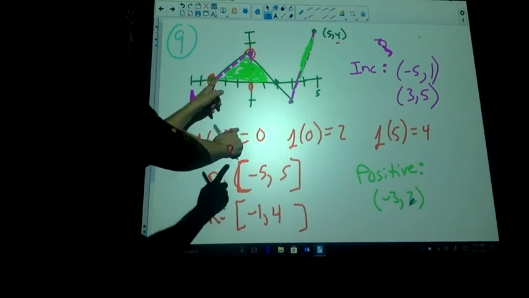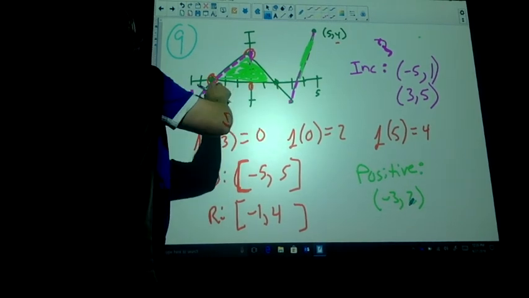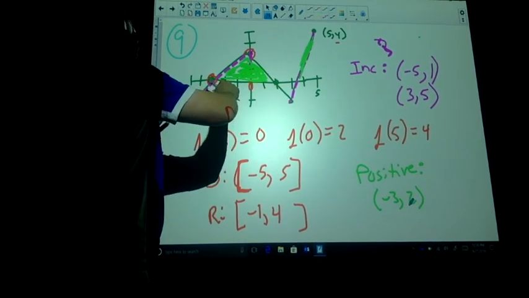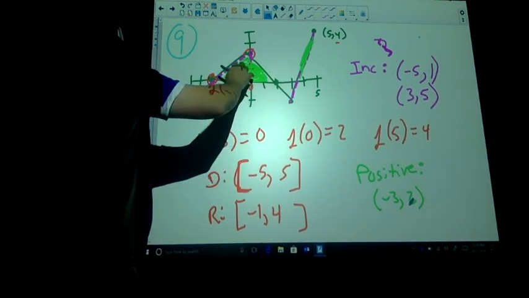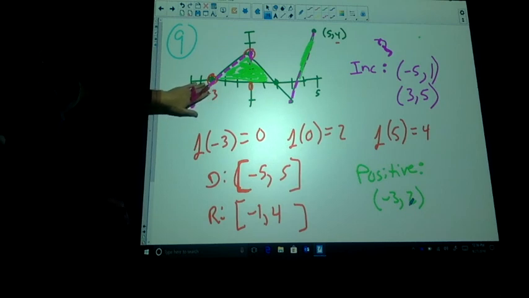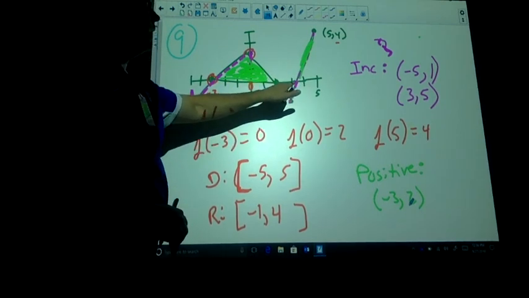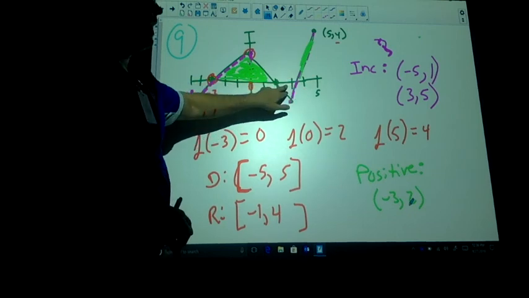So between here and here, I plug any values in, whatever this function is. If I knew what the equation was, if I plugged any values in between these two, I get a positive answer. If I plug a value in over here, my answer is negative. If I plug a number in between these two, it's negative.